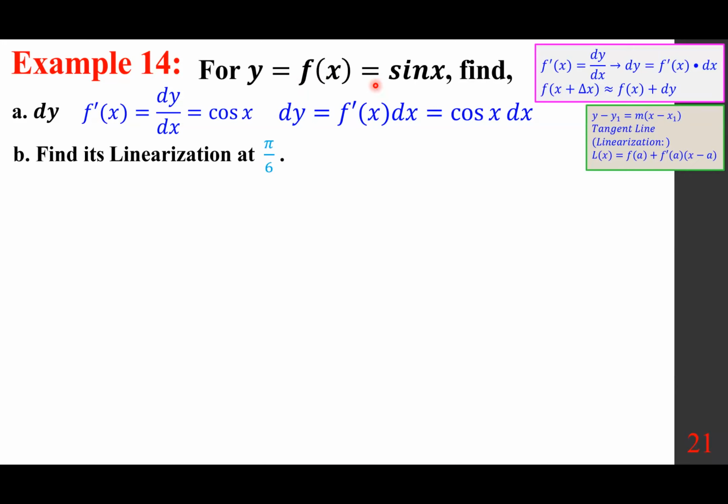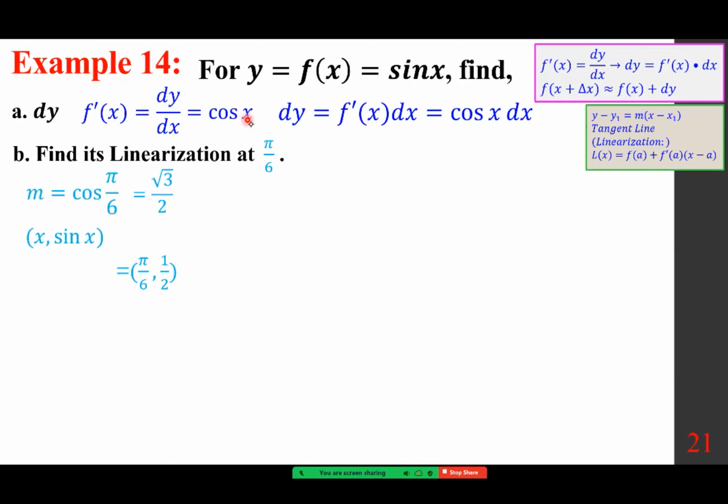For the pair, I put pi/6, and sine of pi/6, I know it to be 1/2. For the slope, I put it into f prime. Cosine of pi/6 is square root of 3 over 2. So this is my slope, and this is my pair. Very straightforward.